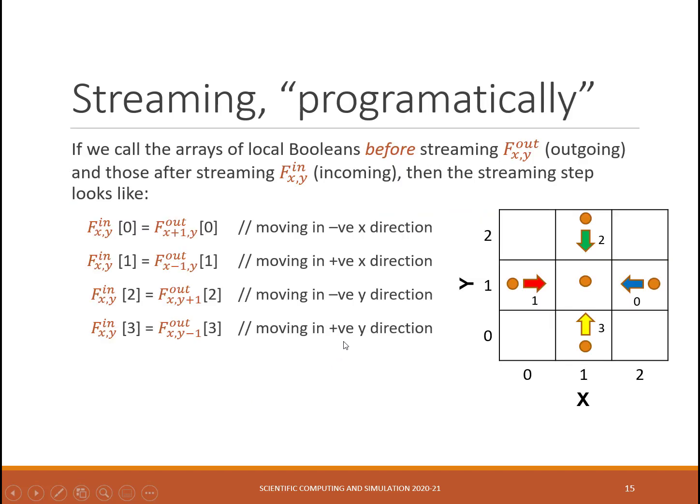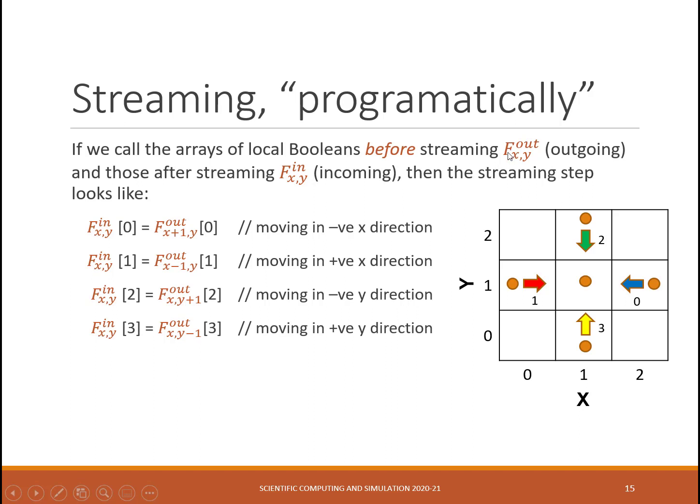In this slide, we learn how the streaming step updates the local state array of cells in the grid. Suppose f(x, y) is an array determining the state of a cell in position x, y in an automaton.